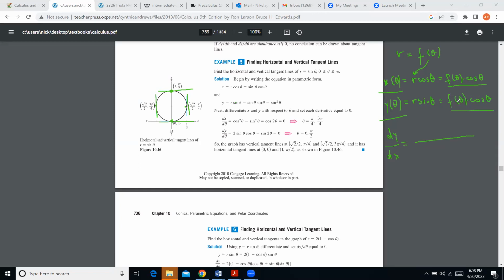So for y, f prime times cosine. Derivative of cosine is negative sine, so minus f times sine of theta. I put theta. And for x, it's going to be f prime cosine, and then derivative of cosine. I think I miswrote the second one, right?